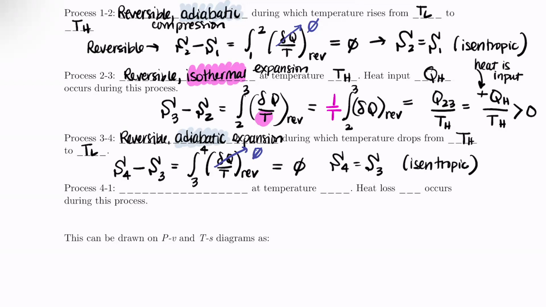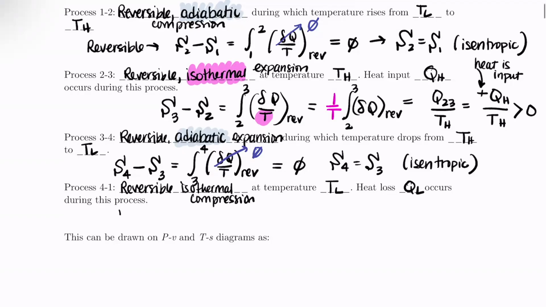Finally, we have a process that's going to take us from state 4 back to state 1. For this process, we have a reversible isothermal compression. This is going to happen at TL, and heat loss, QL, occurs during this process.